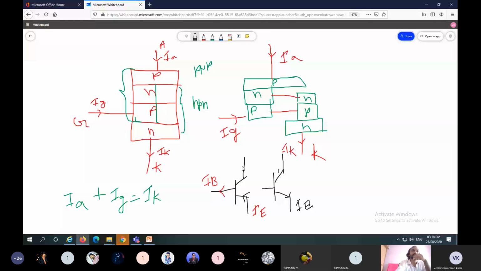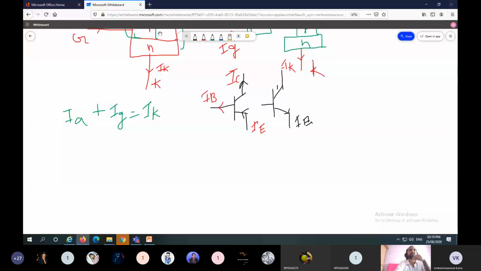So the relation between IB, IC and IE is: the incoming current is IE, and the outgoing currents are IB and IC. So IE equals IB plus IC.